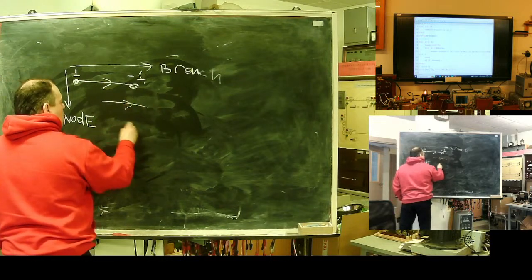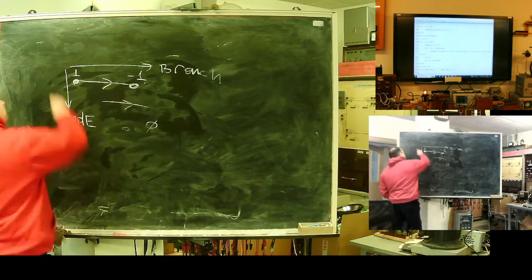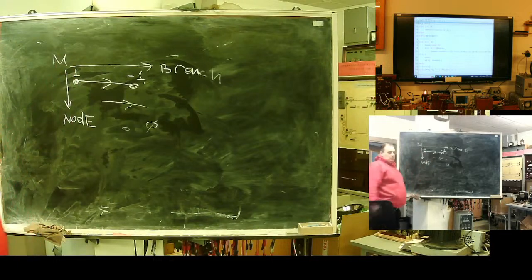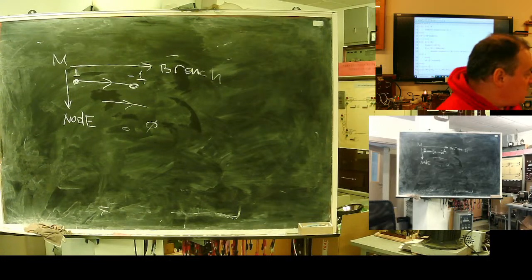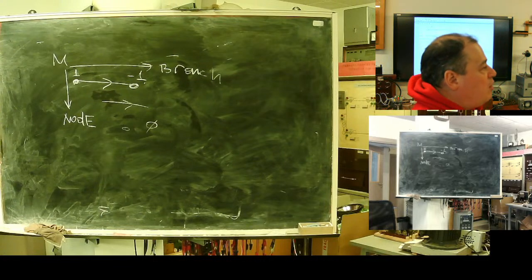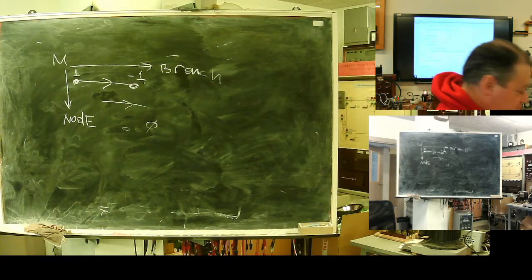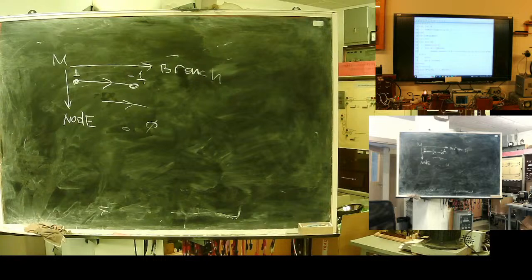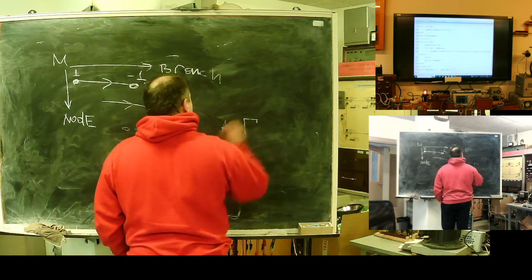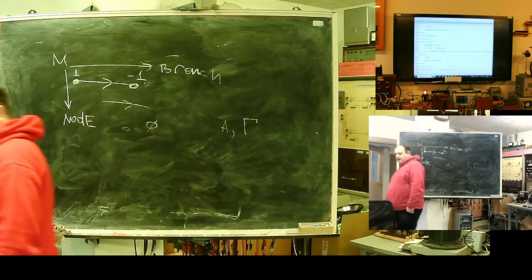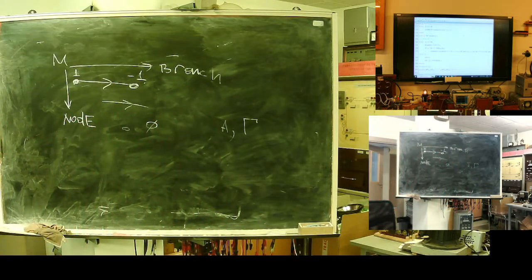If there is no connection, I'm writing 0. I will use capital M for designation of this matrix. In your books it can be named A or gamma. This matrix encodes network topology.